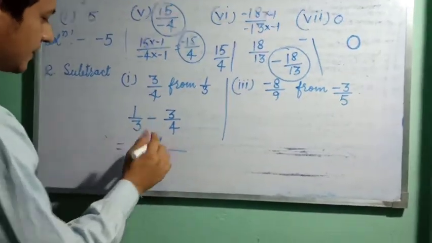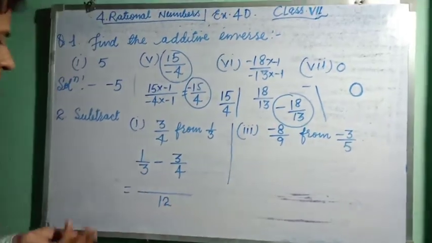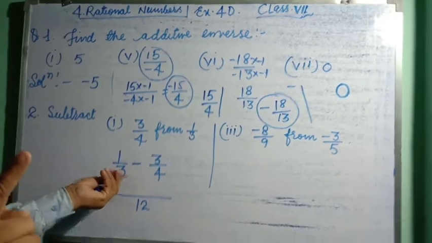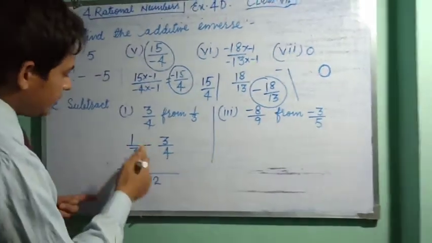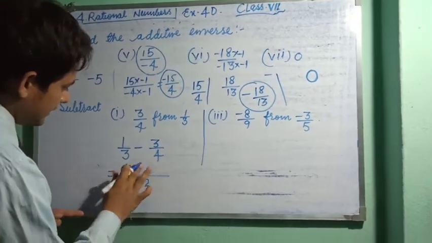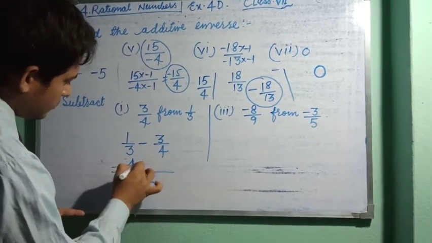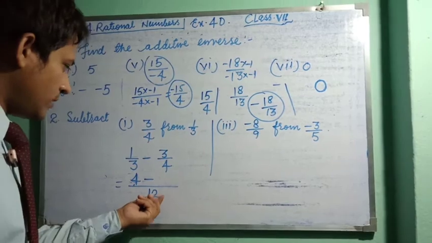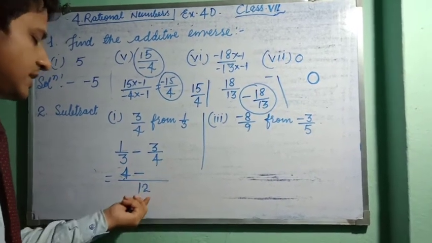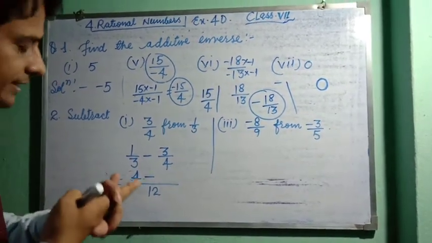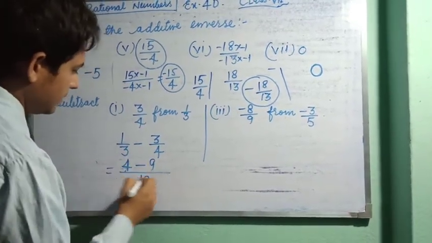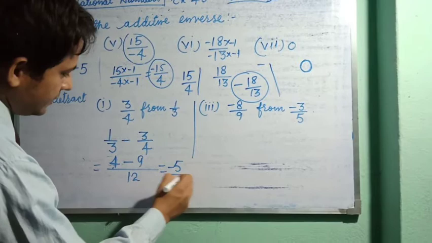Take the LCM of 3 and 5, which is 15. Now divide 15 by 3, gets 5, and multiply 5 by 1, that is 5. Here is minus, same, divide 15 by 5, we get 3, and now 3 multiplied by 3 is 9.